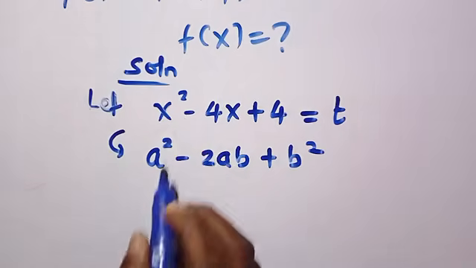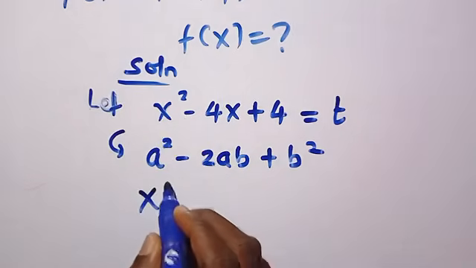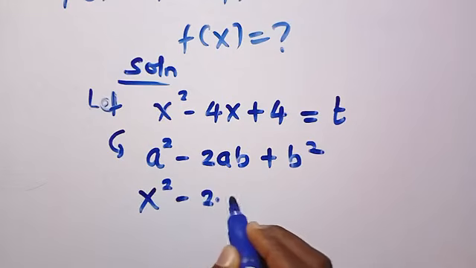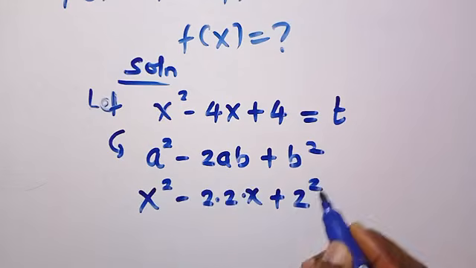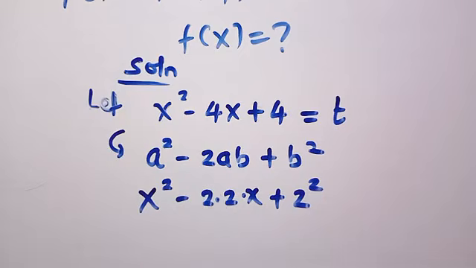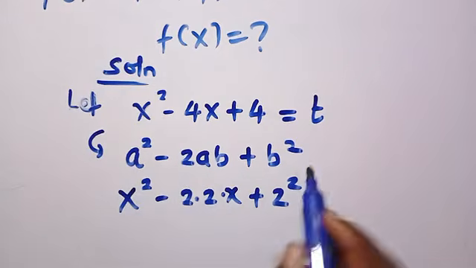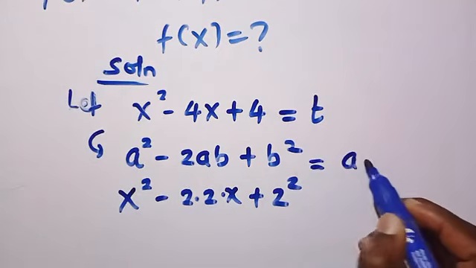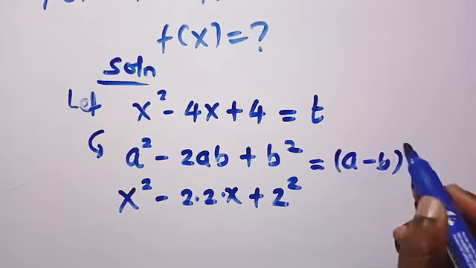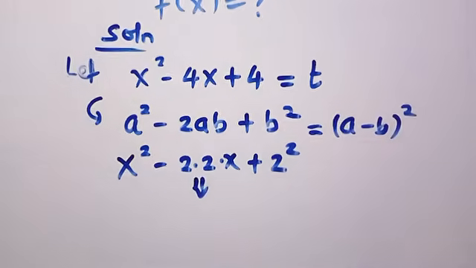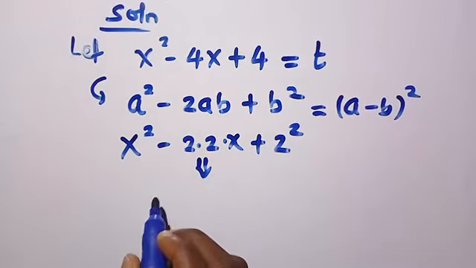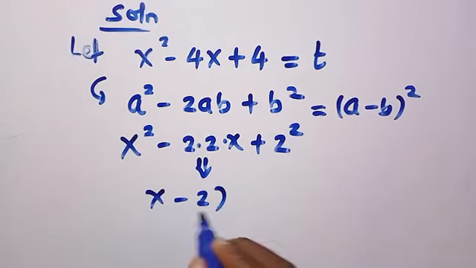Here is x squared. If I write this as x squared minus 2 times x times 2 plus 2 squared, we can easily convince ourselves that the whole of this equals a minus b all raised to the power of 2. Following the same pattern, we get x minus 2 raised to the power of 2.